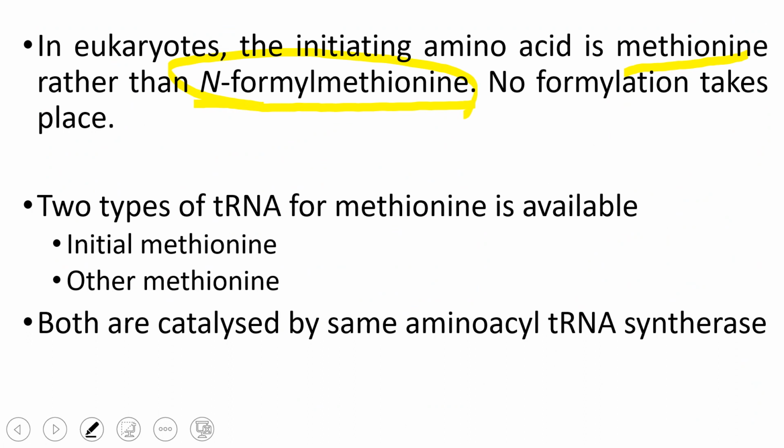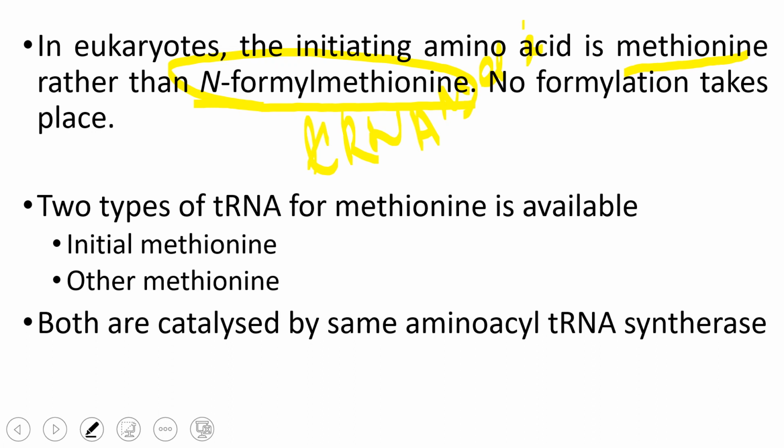But the tRNAs for the first methionine and the other methionines are different. The tRNA which carries methionine for the first place, we call tRNA methionine I. I means initial, and for the remaining we don't have the I subscript or superscript.